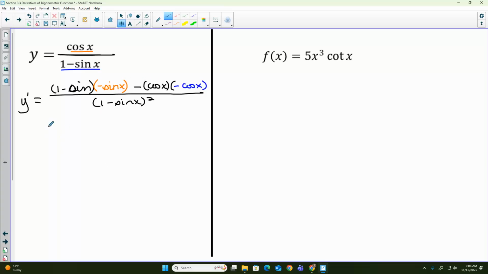Right, so then if we distribute, I get negative sine x. Negative sine times negative sine would be plus sine squared x. Negative cosine times negative cosine would be plus cosine squared x. Over 1 minus sine x squared.